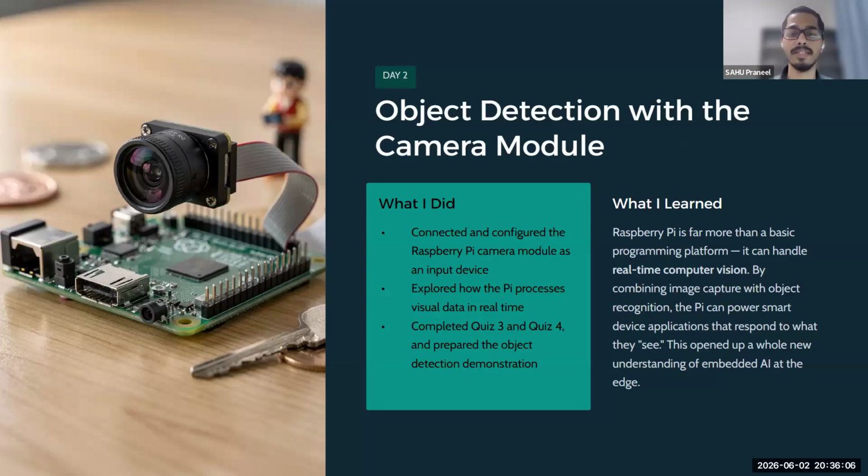We used a machine learning algorithm for object detection, and the camera was on the Raspberry Pi computer, so we used it to detect the objects using the camera of the Raspberry Pi board itself. On day 2, we also completed quiz 3 and quiz 4, which involved object detection and questions related to our understanding of it.